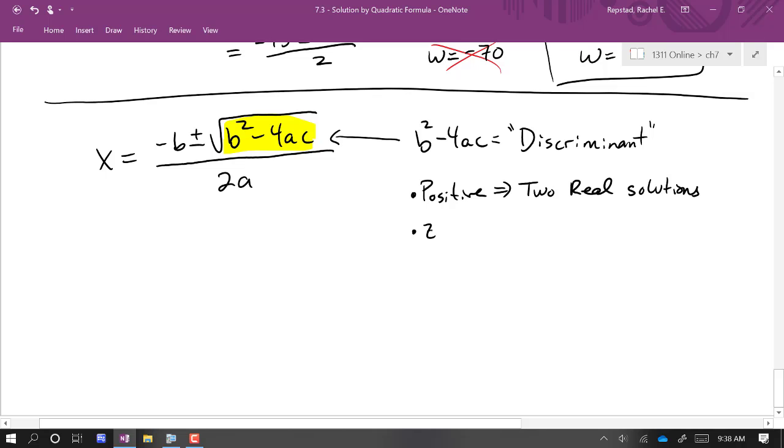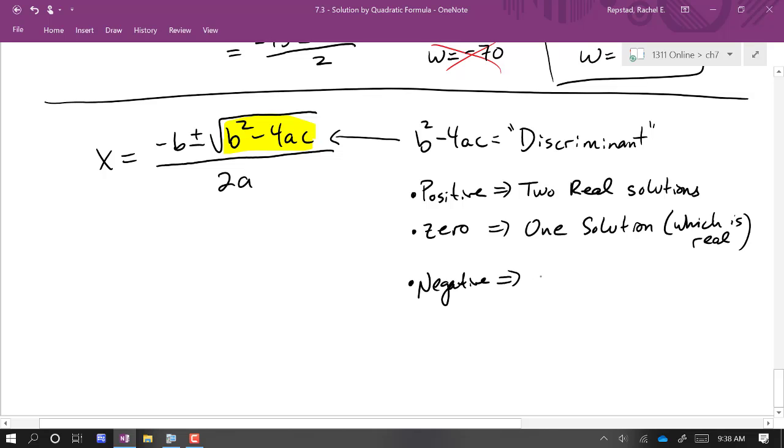If it's 0, that means you get one solution, and it's real. And if it's negative, that means that there is no real solution.